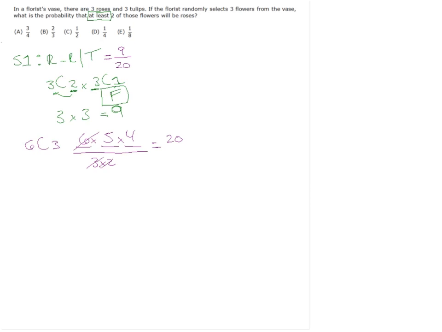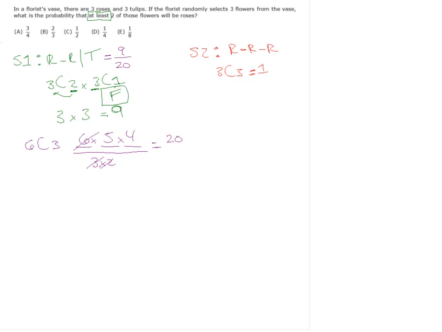Scenario 2 is going to be a little bit easier because it's all roses, so we don't have to deal with the tulips. So that's rose, rose, rose. There's 3 roses. Anytime you have something like 3 choose 3 or 5 choose 5 or 100 choose 100, the good news is it's always equal to 1.